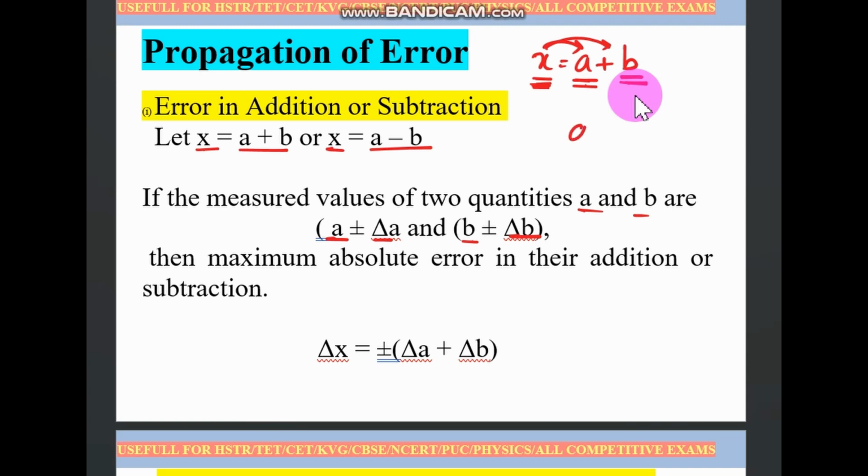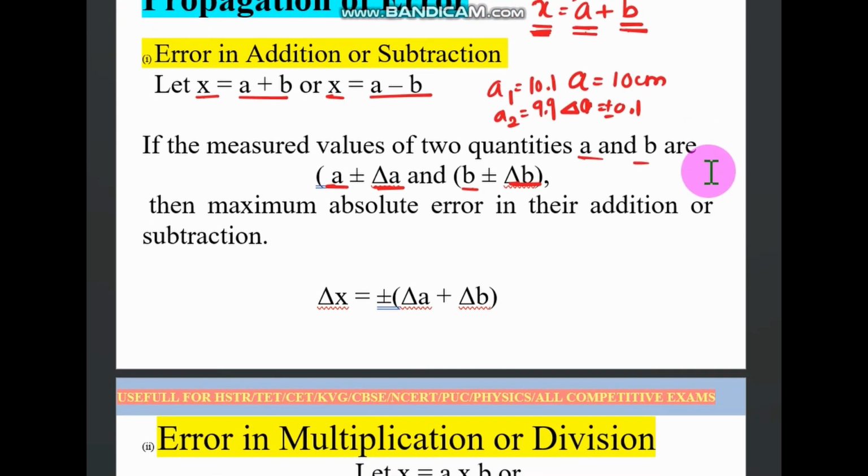If I take an example, if the real value of a is 10 centimeter, then because of error, plus or minus 0.1 can occur. If we measure, then a becomes 10.1 centimeter, or while measuring a second time it may become 9.9 centimeter. So based upon that, we have delta a and delta b as little errors in measuring.